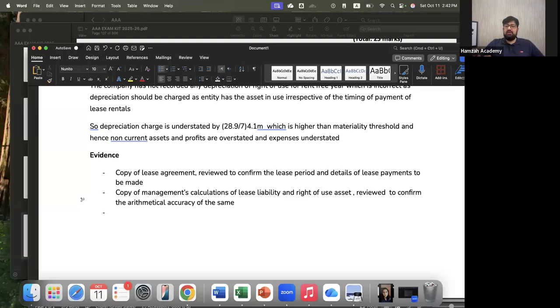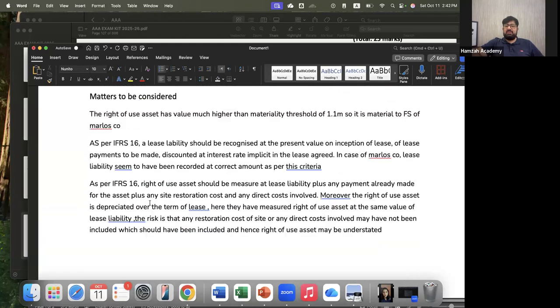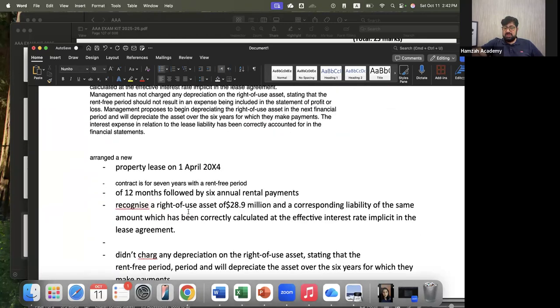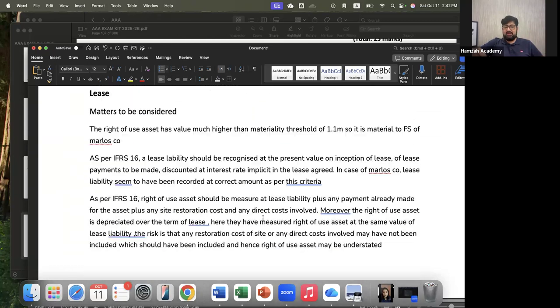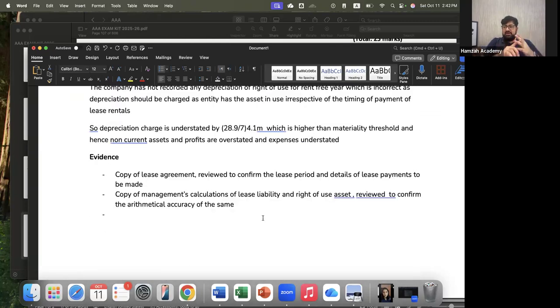Now they say that they have recorded the same amount in the liability and the non-current asset. So the auditor will check the non-current asset register and the lease liability account, whether the same amount has been recorded or not. After checking that, they will get extracts and copies of both places: the non-current asset register copy, relevant page, relevant point, and the lease liability account as well.